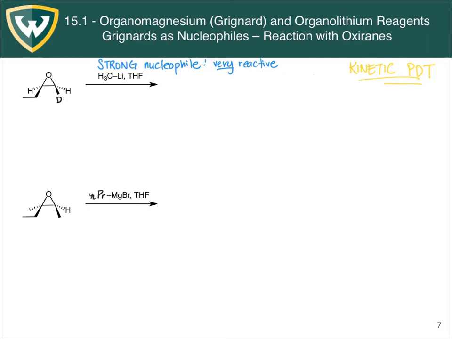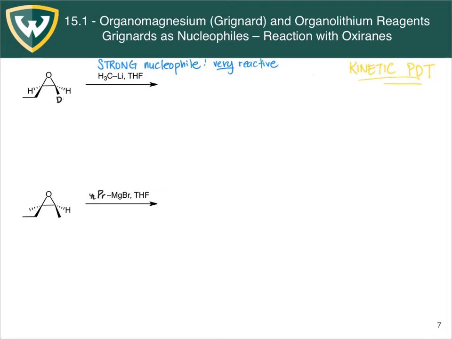So the question to ask yourself is, which of these sides is easier to attack with a nucleophile? And so the answer just comes down to sterics. The easier side to attack, and therefore the lower barrier, is going to be this side here with essentially two hydrogen atoms. So we'll go ahead and draw our reaction now.